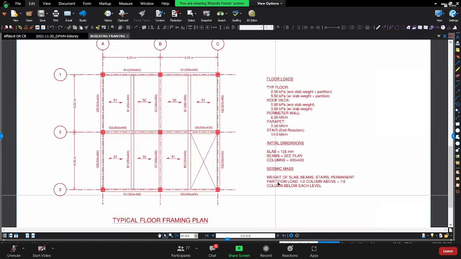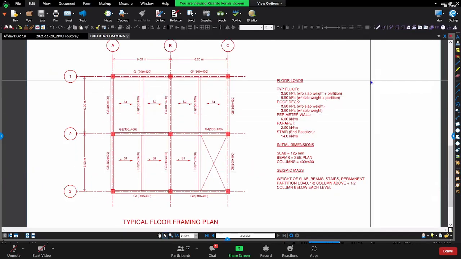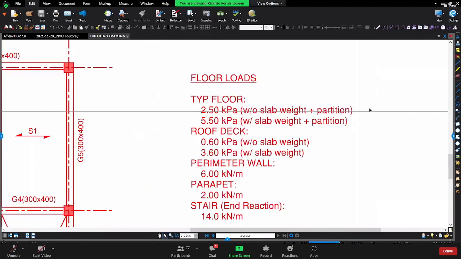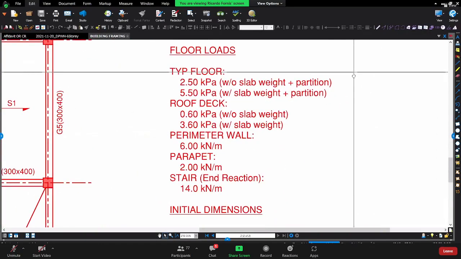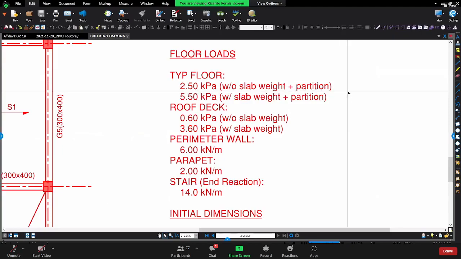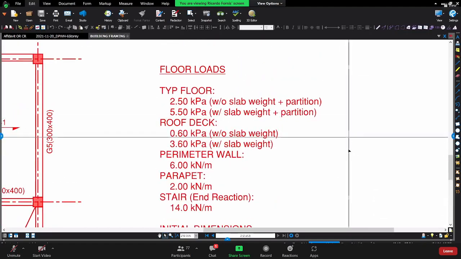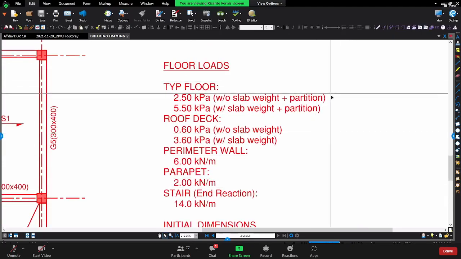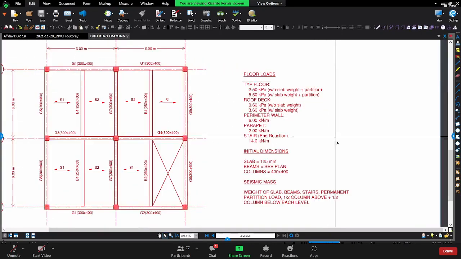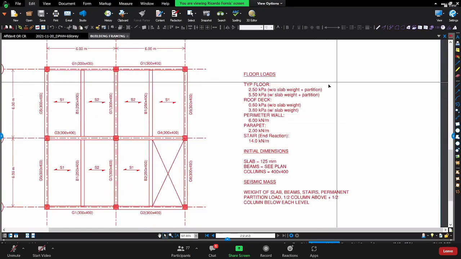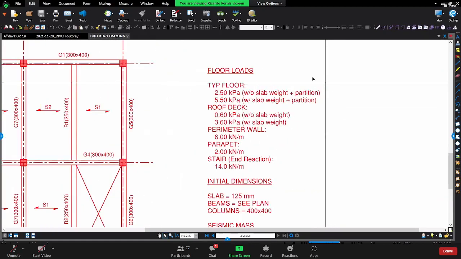Let's go back to the second page. For the floor loads, these are our assumptions. Assuming this is a commercial space. Let me check. Commercial, where's the dead live load? No, there's no live load here.